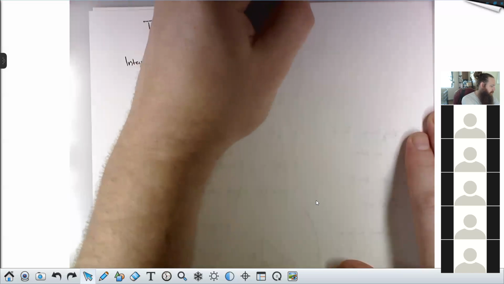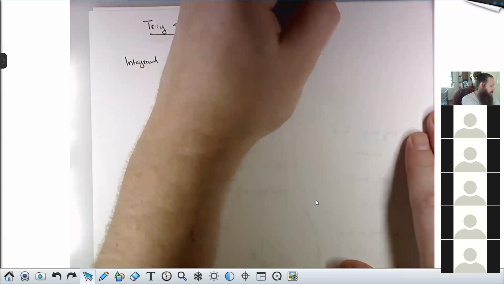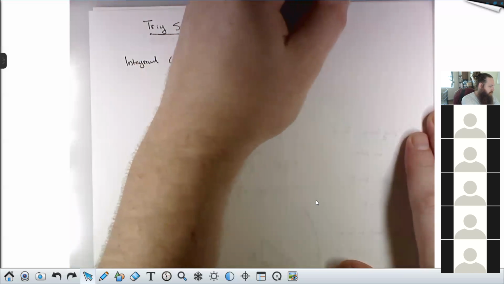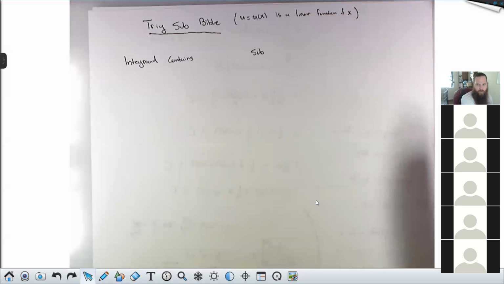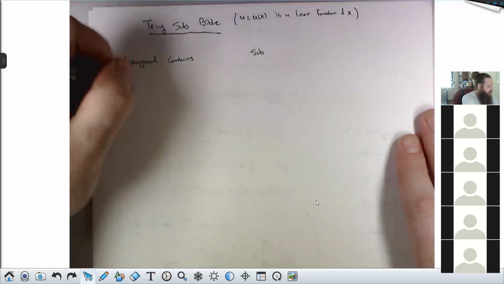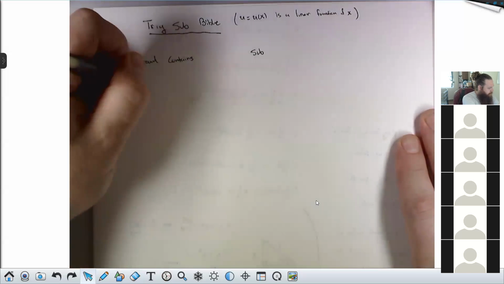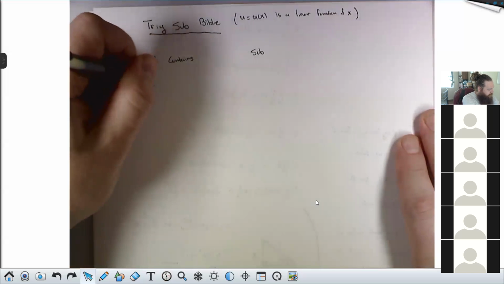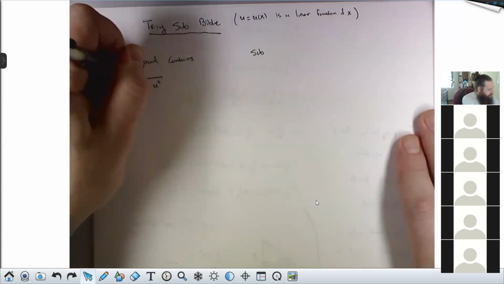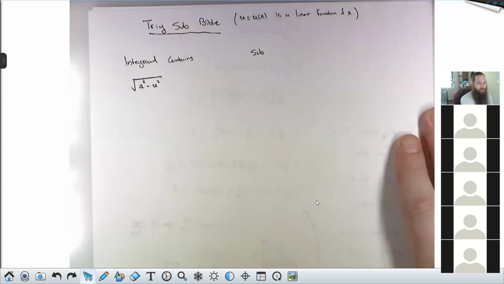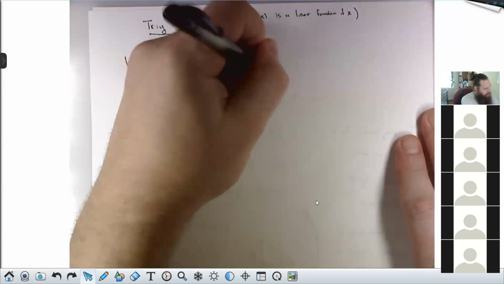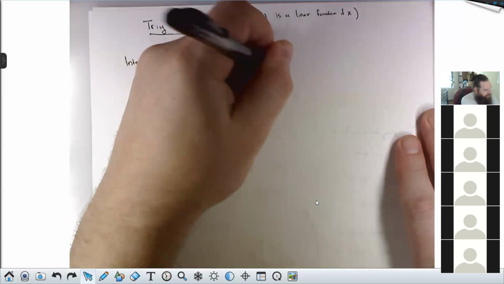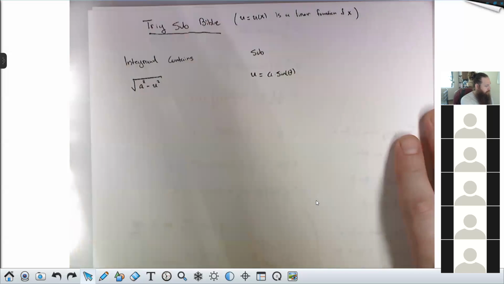Could be any linear function. So it doesn't just have to be like x, it could be x minus 1 or x plus 2. If your integral contains a square root of a squared minus u squared, then you're going to make the substitution u equals a times the sine of theta.